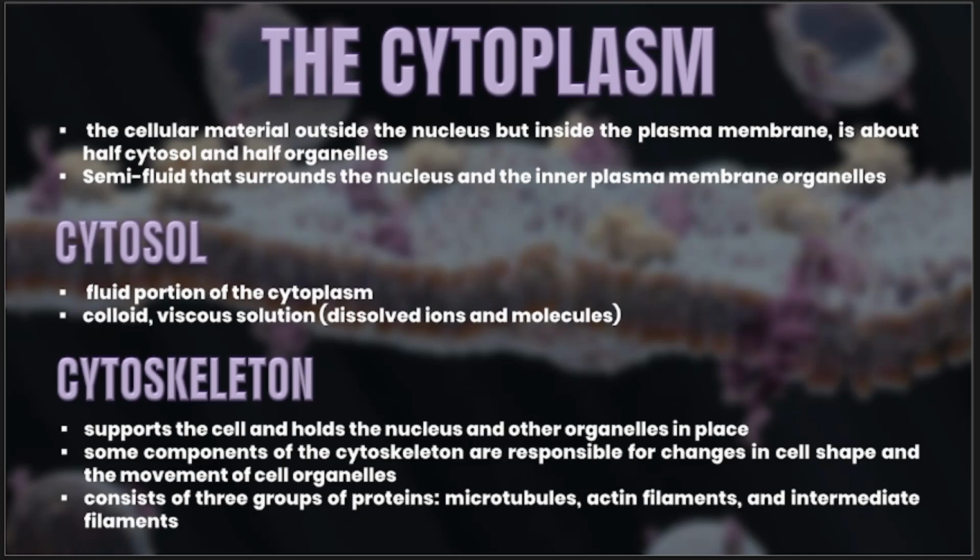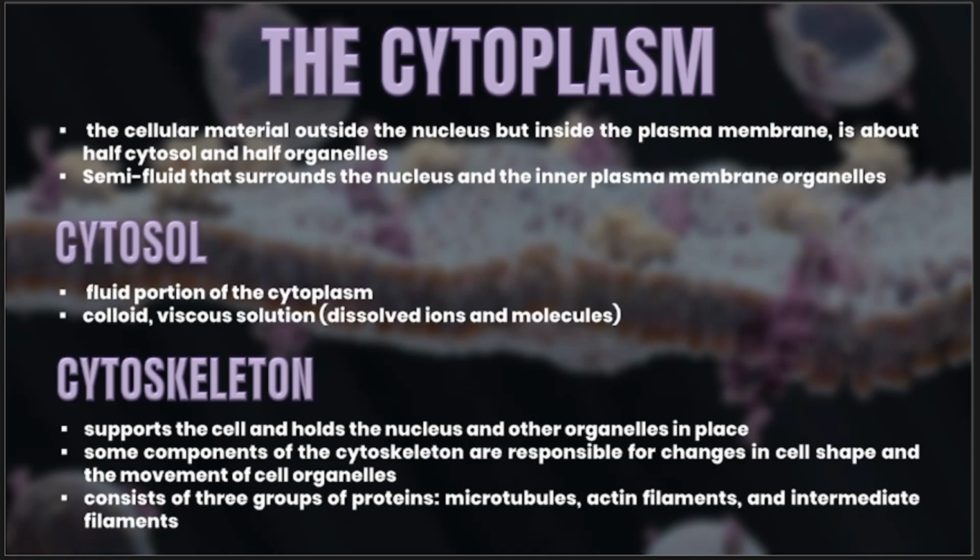Okay? And speaking of the cytoskeleton, it supports the cell by holding the nucleus and other organelles in place. So it plays a key role in cell shape changes and the movement of organelles within the cell.